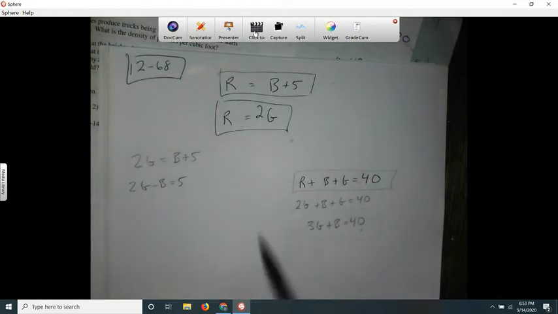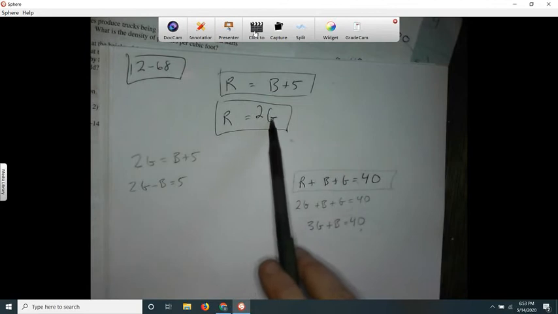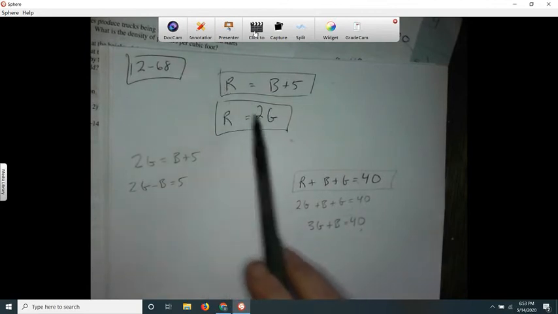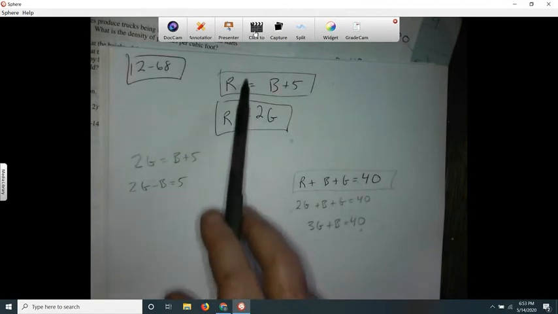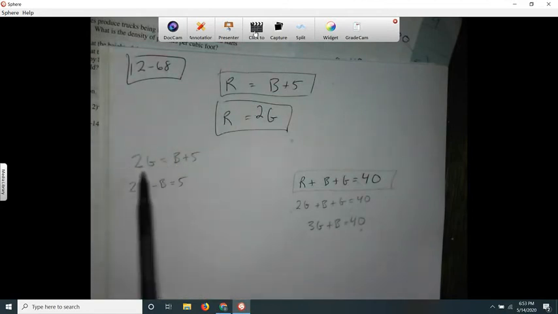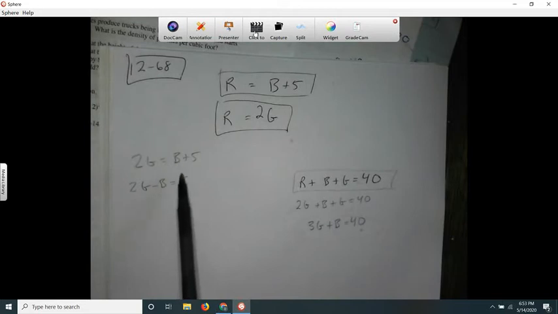So with these 2 equations, if I just put the 2g over here for r, like do a substitution, or you could say it's the equal values method, these 2 equations combine to get this. And then if I subtract b on both sides, I get this equation.